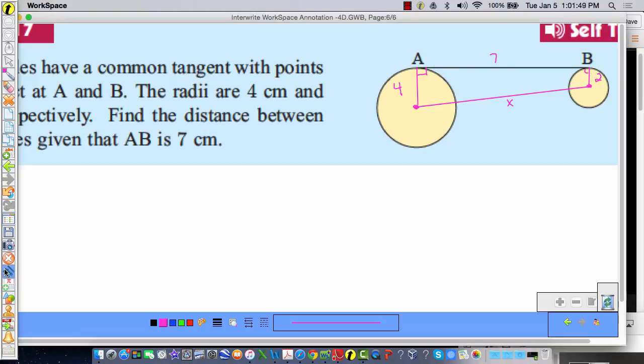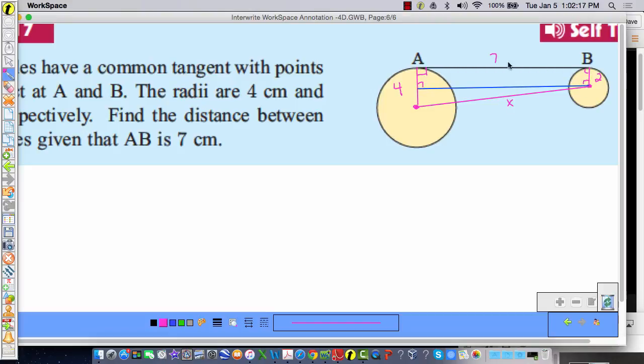So watch this action. What I'm going to do is draw a line from the center of the circle with the shortest radius, and I'm going to draw it parallel to AB. Parallel to AB. Okay. Well, if it's parallel to AB, sports fans, what I've done is drawn myself a nifty rectangle.